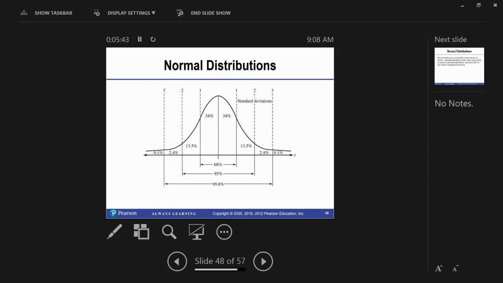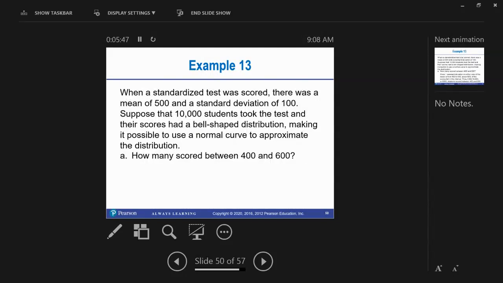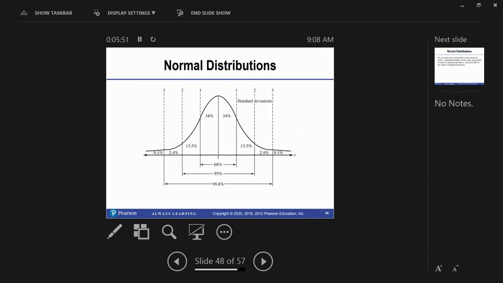Okay, so this question is saying, how many scored between 400 and 600? Well, the 400 and 600 are right here, right? So what percentage of people are in that range from 400 to 600? See, we're at 68%.